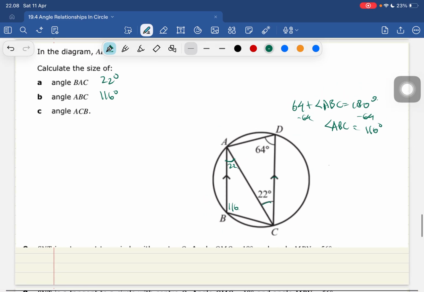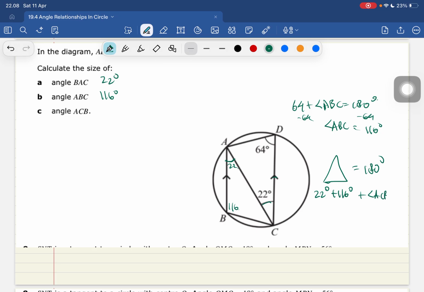So the total of the triangle is 180 degrees. So 22 degrees plus 116 degrees plus angle ACB equals 180 degrees. 116 plus 22 is 138 degrees, plus ACB equals 180 degrees.